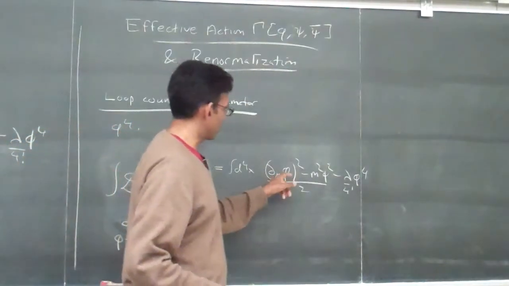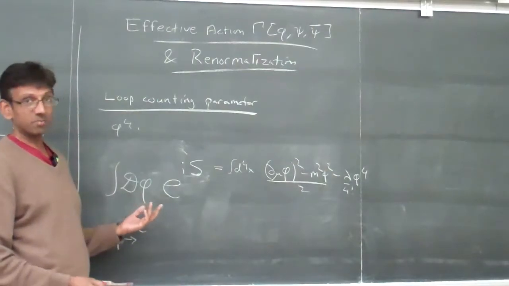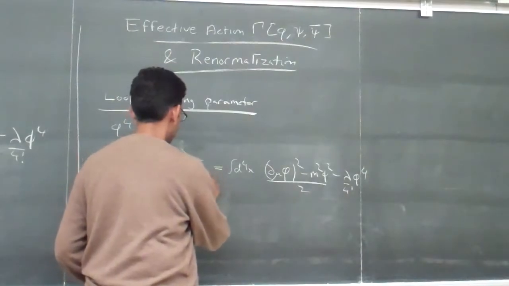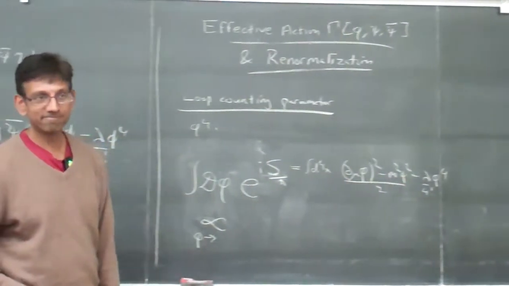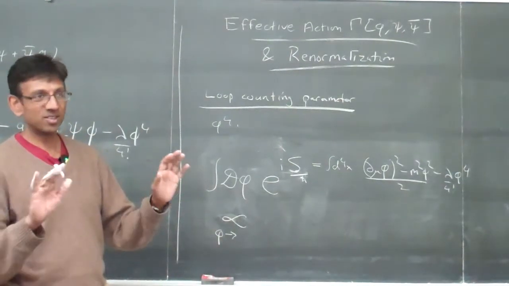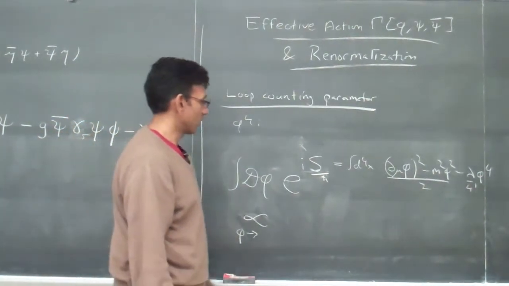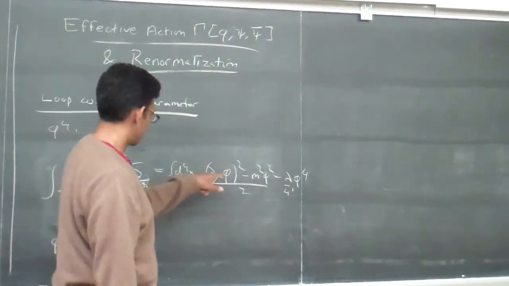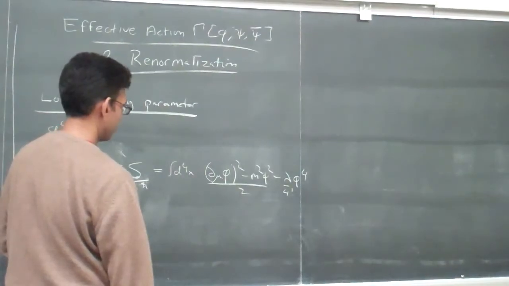I'm going to try and change the integration variable, which I'm allowed to do, so that the lambda shows up in the same place as the h bar. Then I will say, no, there's not 2 ways to think about quantum corrections. There's only 1 way to think about quantum corrections. If you stare at this, you'll invent it for yourself. I'm inventing it right now.